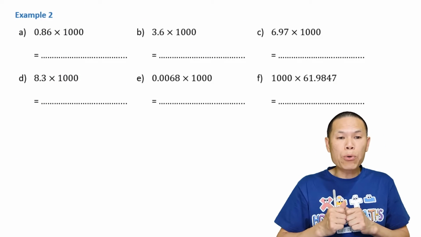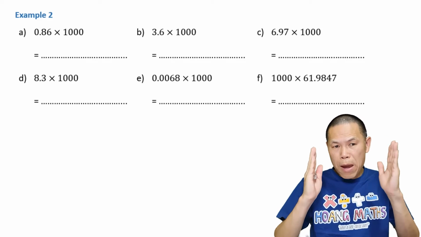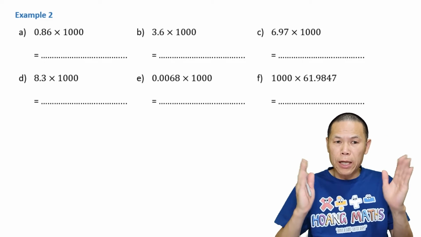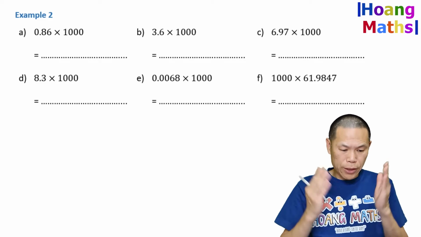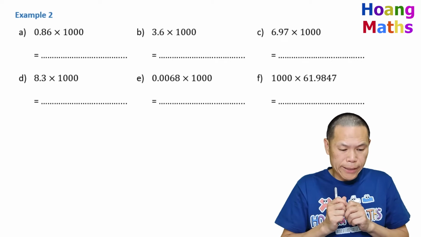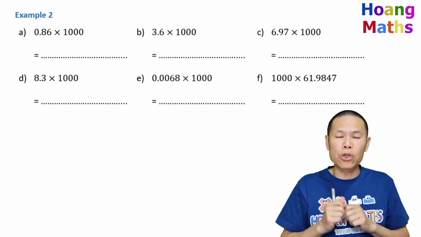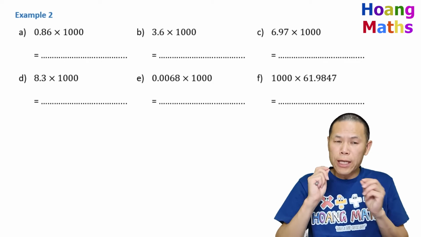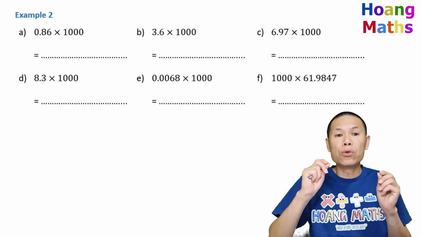Let's go through example number 2. Remember, when we times by 1,000, the answer should be bigger than the original number. For example, we have 0.86 times 1,000, so the answer should be bigger than 0.86. Therefore, the decimal point must move to the right.